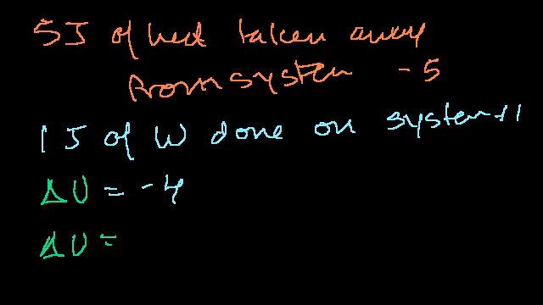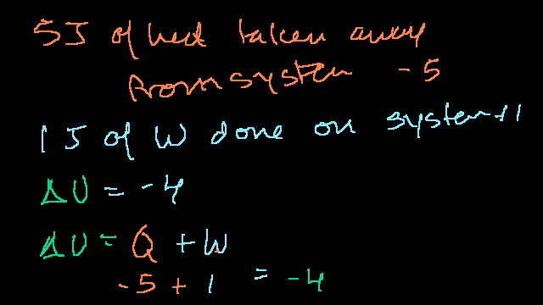Change in internal energy is equal to heat added to the system plus work done on the system. So it's equal to heat added to the system. We had 5 joules heat taken away, so this is minus 5, plus work done on the system. Well, we have 1 joule of work done on the system. And there we get, once again, minus 4.